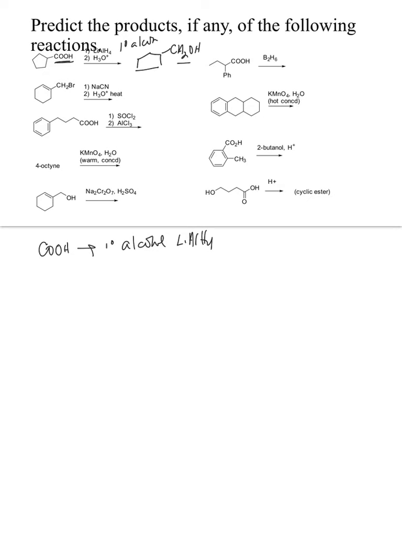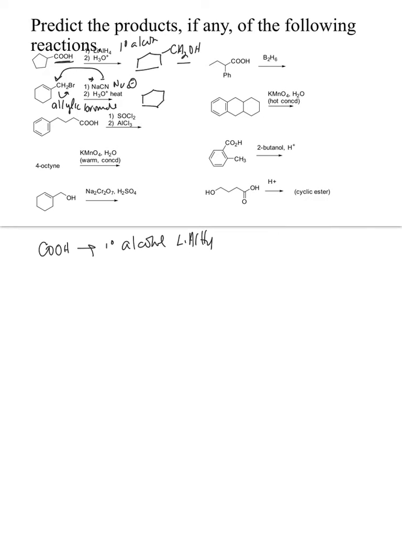All right, the next one, this is an SN2. Nitrile is a great nucleophile, and you have an allylic bromide. Remember, allylic bromides are excellent substrates for SN2.